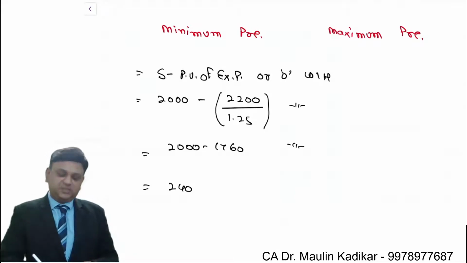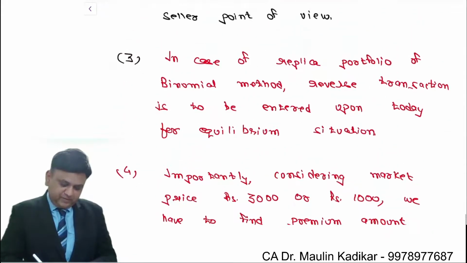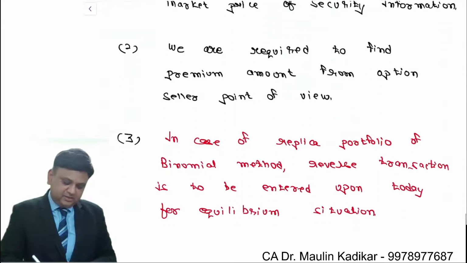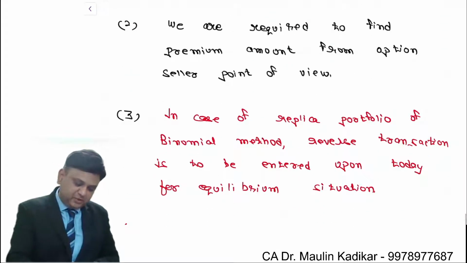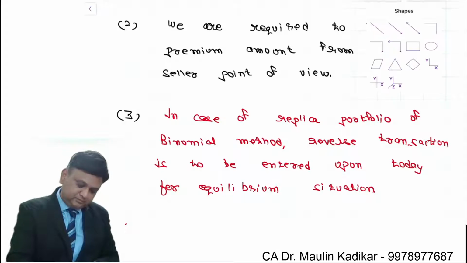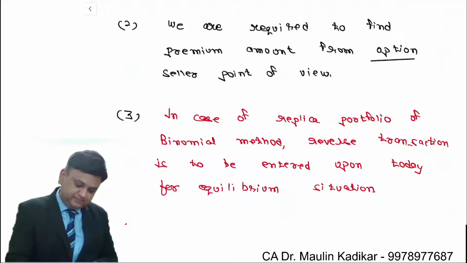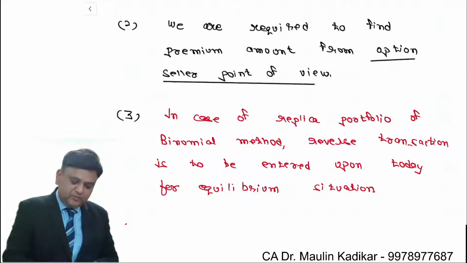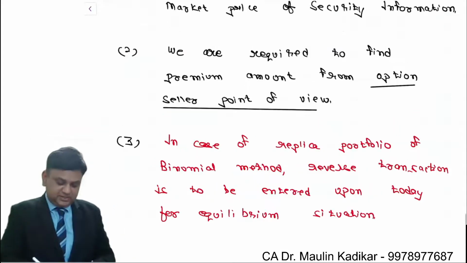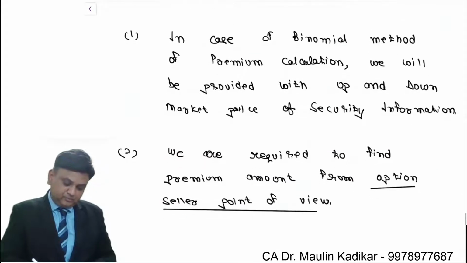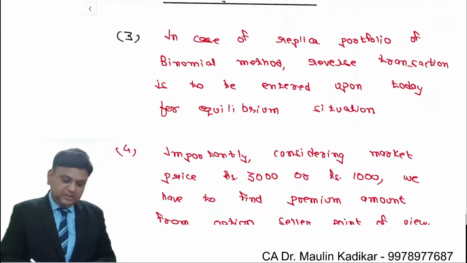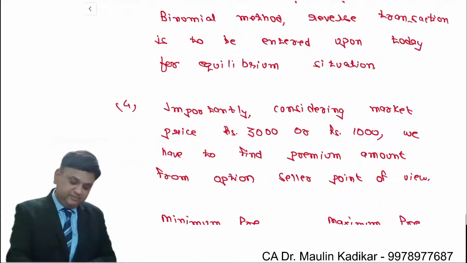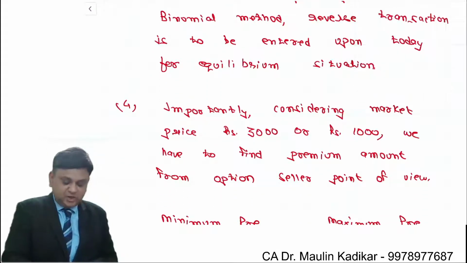See, we understand that over here we are required to make the computation of the answer from option seller point of view. Further information is provided to us like this, that we are required to make the computation of the premium so that the option seller is reaching the equilibrium situation.